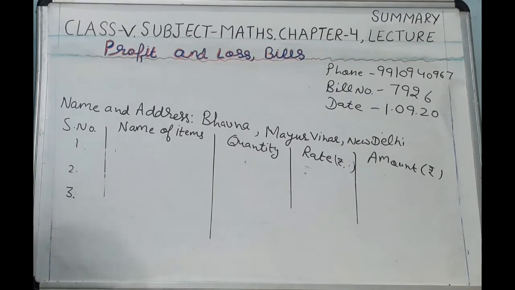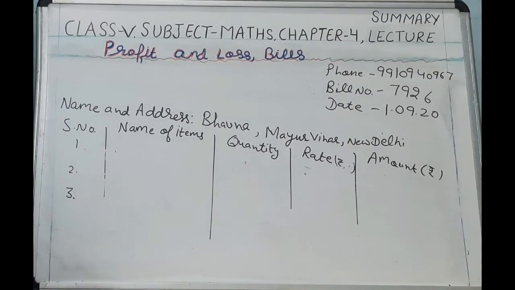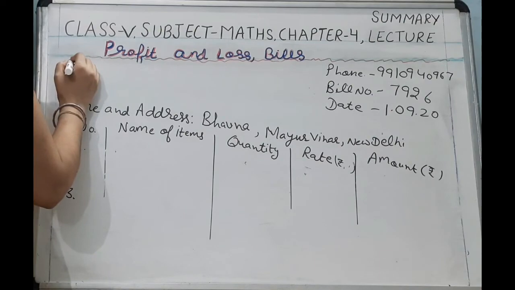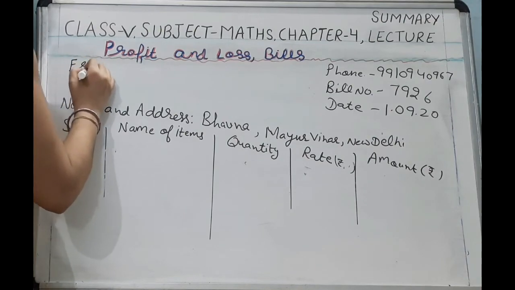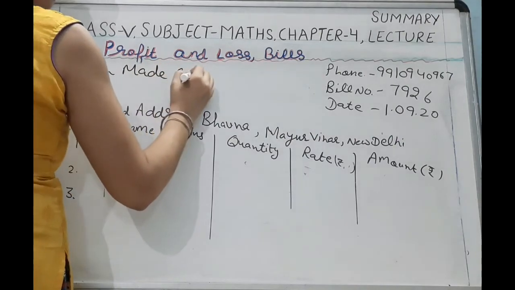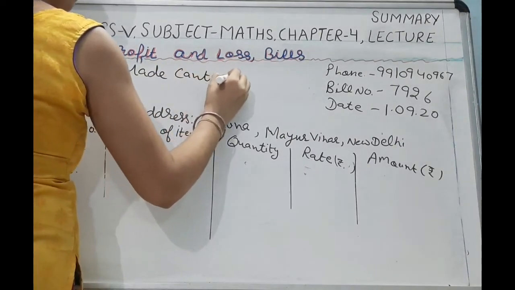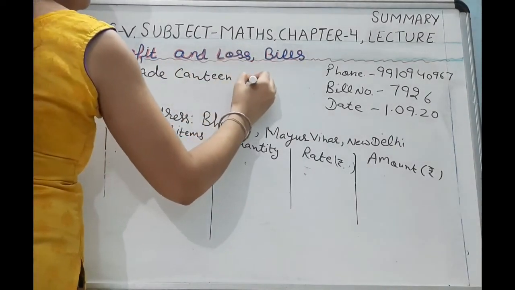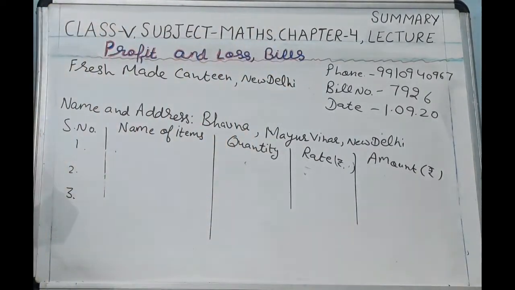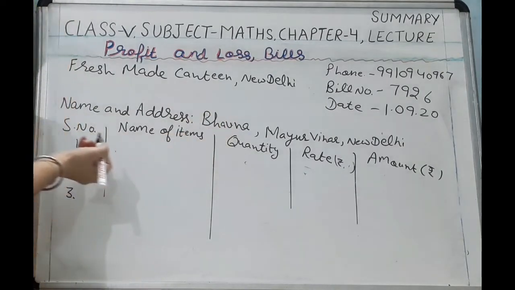As it was given on a fun day, your parents gave you rupees 50 for eatables available in the school canteen. So write down the address of any school canteen. It will be Fresh Made Canteen. New Delhi or Patodi, Gurugram.